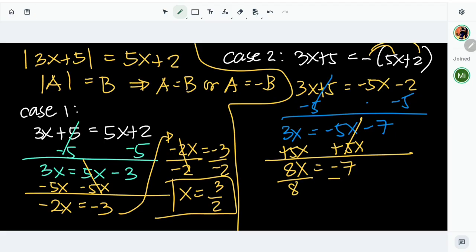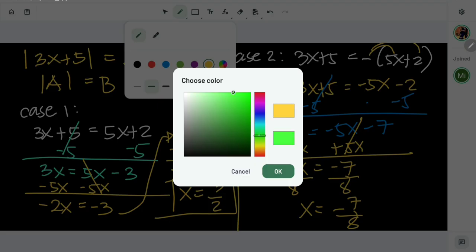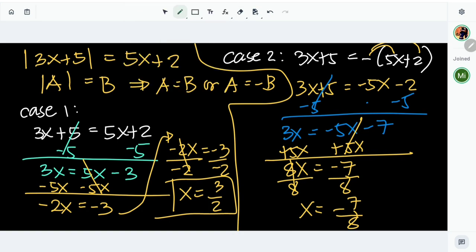Then we divide both sides by 8. Therefore, x is equal to negative 7 over 8. We can now check if these values are really solutions to the equation.